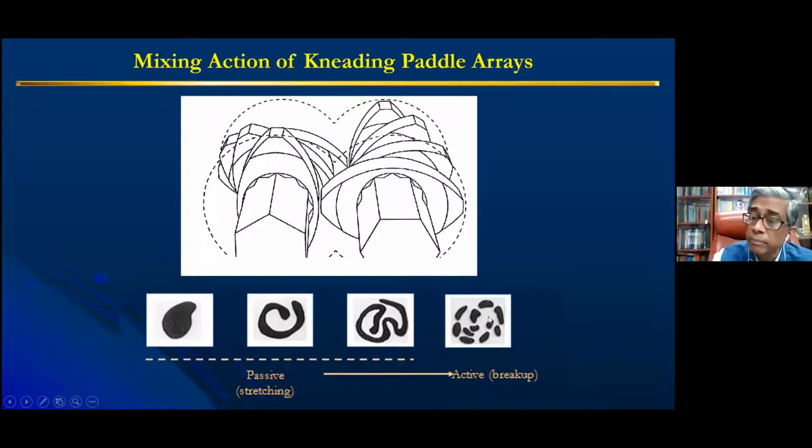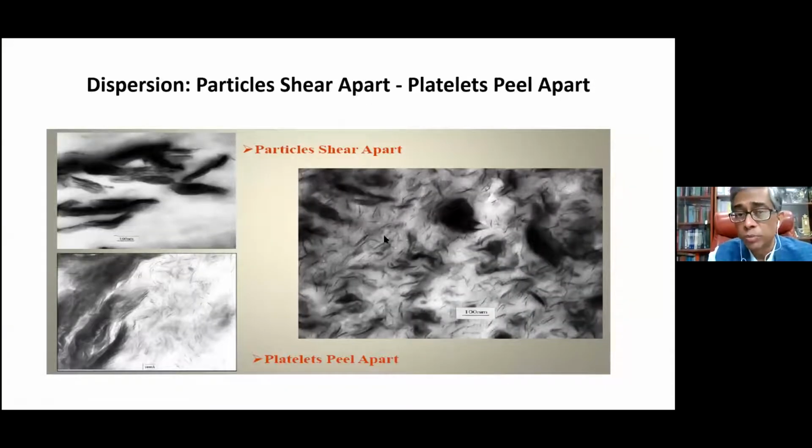This breaking up is common for master batches. But when it is breaking, you also have to exfoliate during this. That is the biggest challenge. So you have to have the particles sheared apart, and the platelets peeled apart.